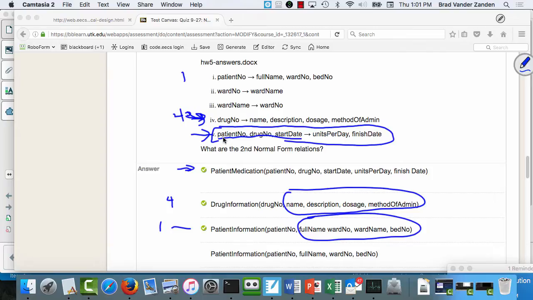So basically, the operational way to think of it is, in step 2, the book says you're removing partial dependencies. Well, kind of. What you're really doing is you're removing the full functional dependencies that are a subset of the primary key. Okay, so that's what's really going on.